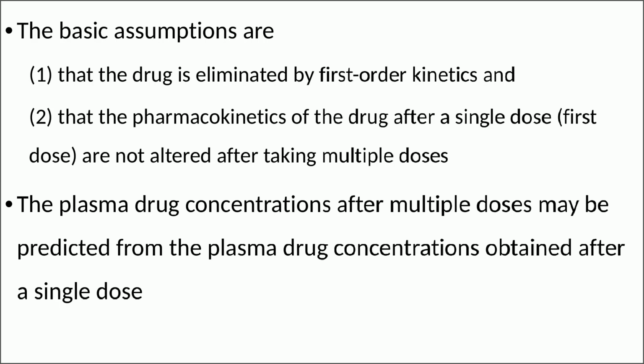The plasma drug concentrations after multiple doses may be predicted from the plasma drug concentrations obtained after a single dose. So as I said earlier, we need to prepare a graph of plasma drug concentration versus time, and based on this graph we should decide the dose and the dosing frequency.